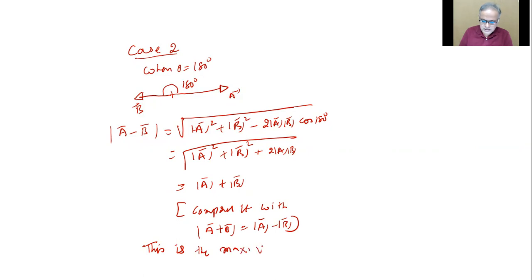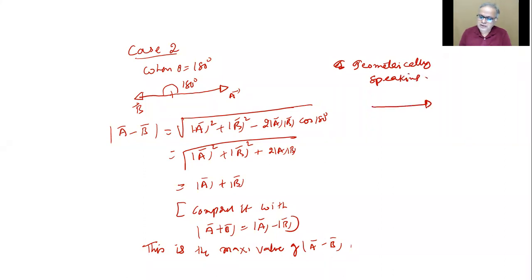This is the maximum value of mod of A minus B. Geometrically speaking, what will I get?